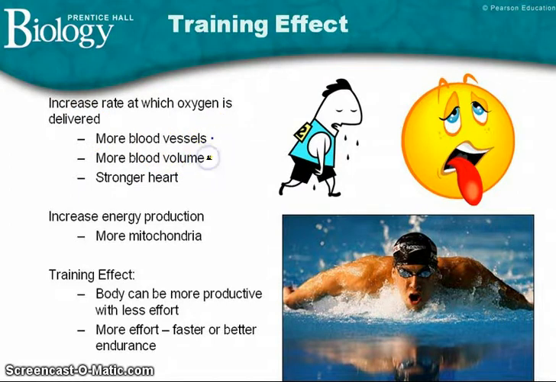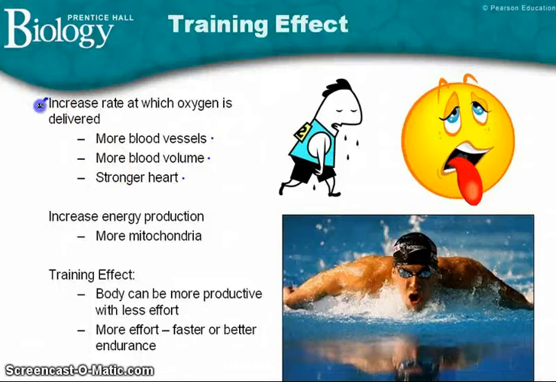Your body actually produces more blood, so there's more red blood cells to carry that oxygen to your cells. And your heart actually becomes bigger and stronger, so that with each heartbeat, it pushes more blood out, thus putting more oxygen to your cells.